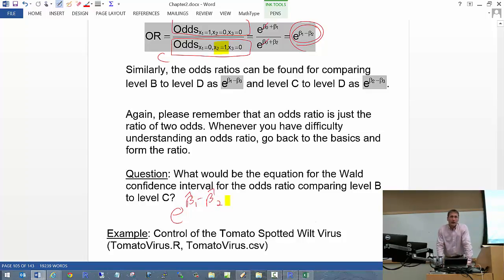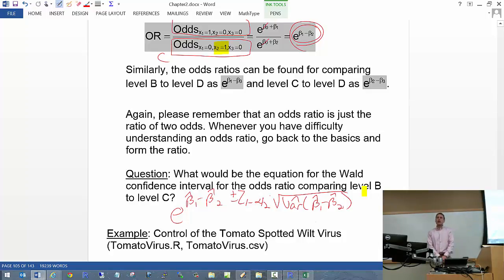Then what would be next? Plus minus the 1 minus alpha divided by 2 quantile from a standard normal times what? Square root of the estimated variance of what? The difference, yep. Estimated variance of beta hat 1 minus beta hat 2.